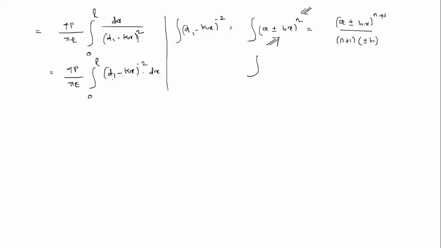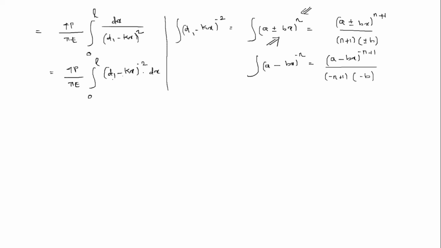Now I am going to write the same equation, a minus bx the whole power minus n, which is equal to (a minus bx) to the power minus n plus 1 divided by (minus n plus 1) into minus of b.